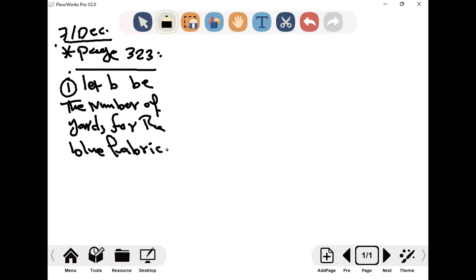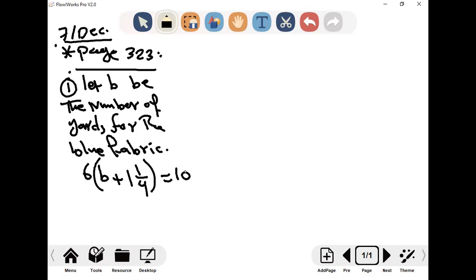So each scarf needs the purple, which is 1 and 1/4, and the blue. How many scarves? Each scarf needs this expression, so it is repeated how many times? So all of it is multiplied by 6, and the total of them should be 10. This is the equation. This is the hard part, right?